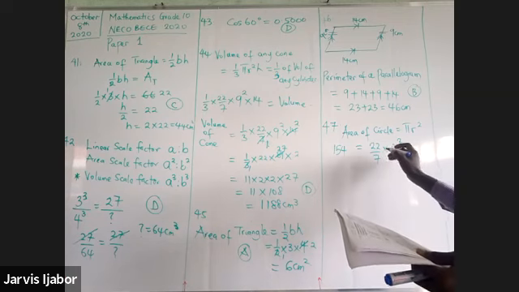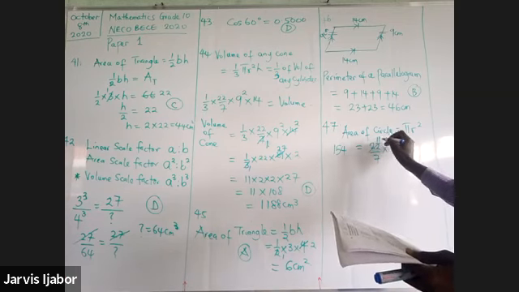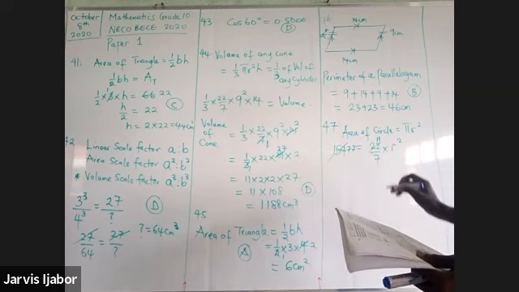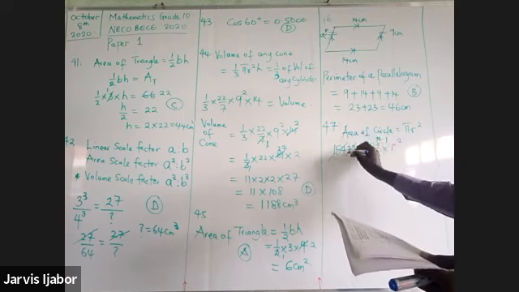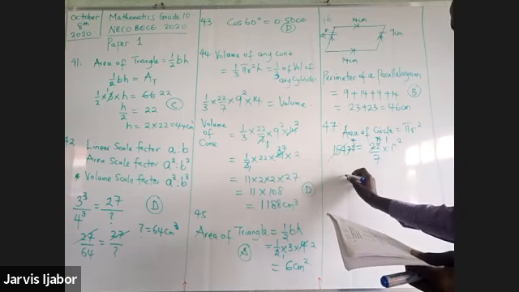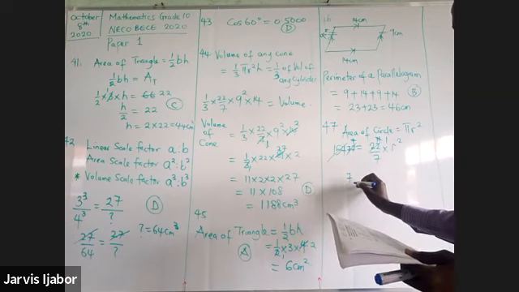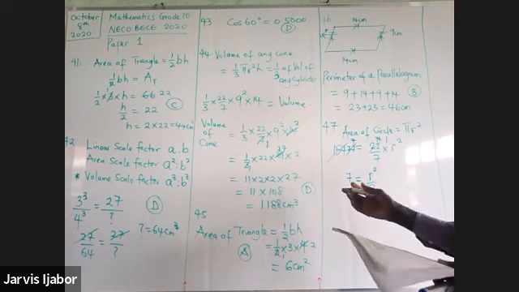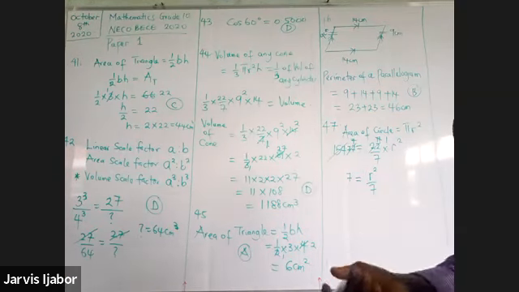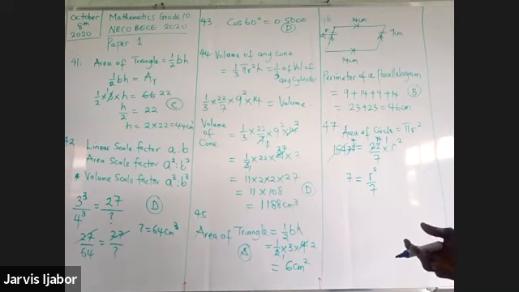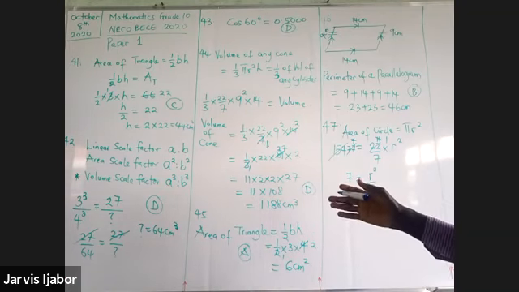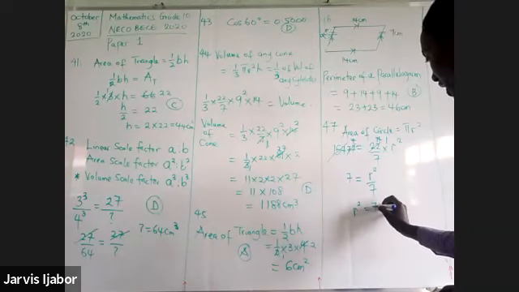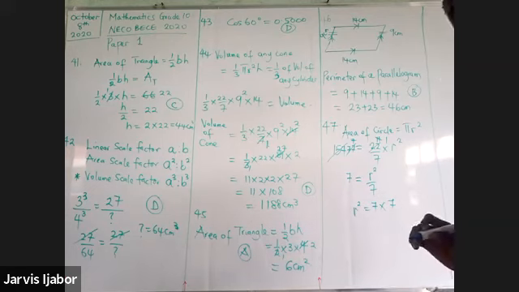Now look at this. 2 can go here, I have 11. 2 can go here, I have 77. 11 can go here, I have 1. 11 can go here, I have 7. So what that means is that 7 will be equal to R squared over 7. I'm using this approach with the assumption that maybe in the examination hall you have forgotten how to do your change of subject formula. So from here, R squared will now be equal to 7 times 7.